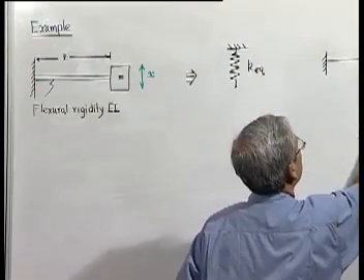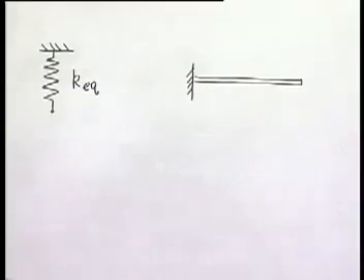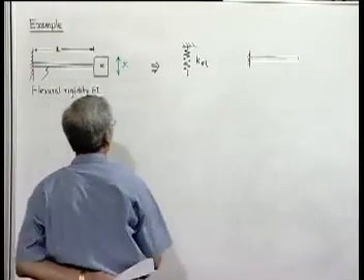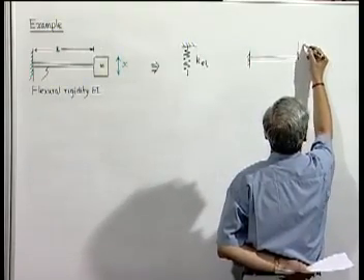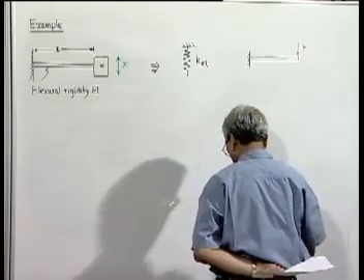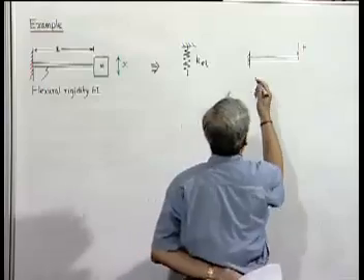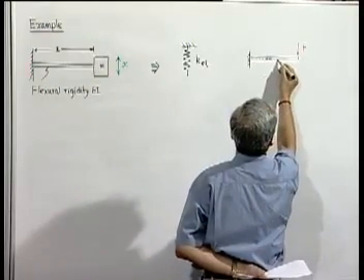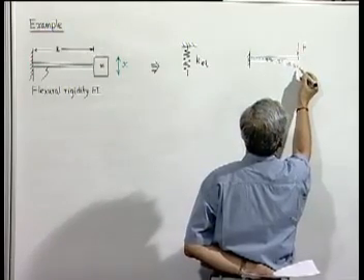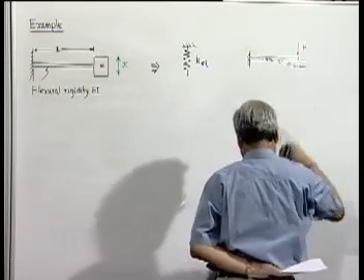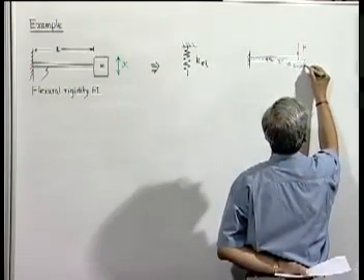We take the same actual beam and apply a load, say load F. Then what happens? The beam deflects. And this deflection, let me call delta.